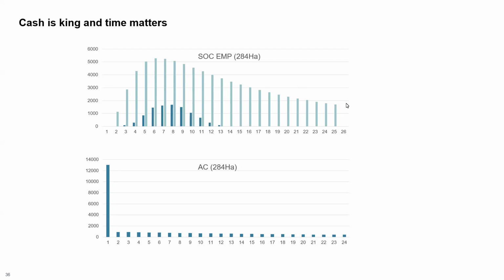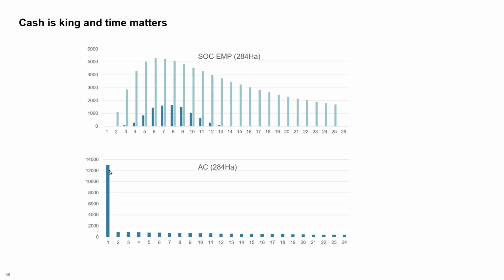But by the same token, with the EMP method, you can see that a lot of your ACCUs are going to come in a far distant future. You got some of the ACCUs that are coming after 15 years, 16 years, up to 25 years. So do those ACCUs have the same value for you as the ACCU that you're going to get immediately?